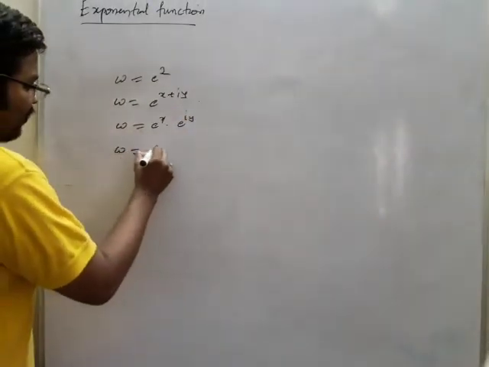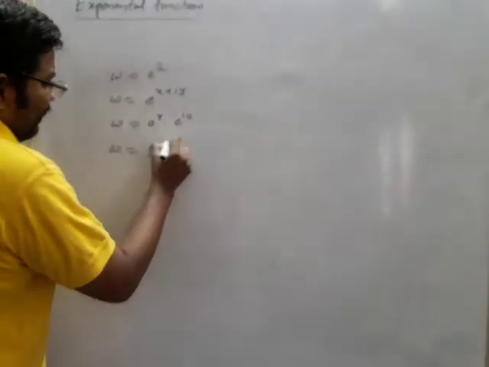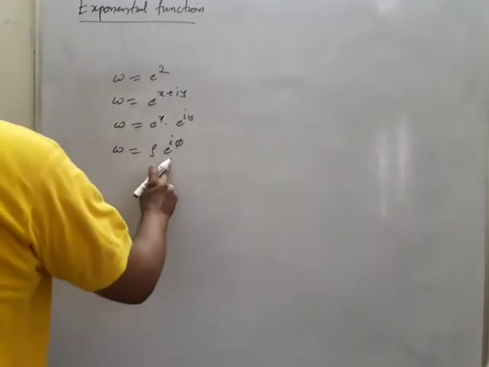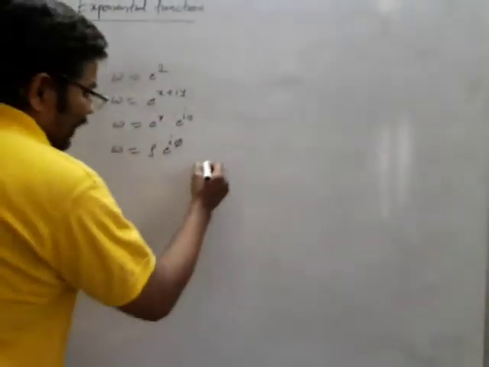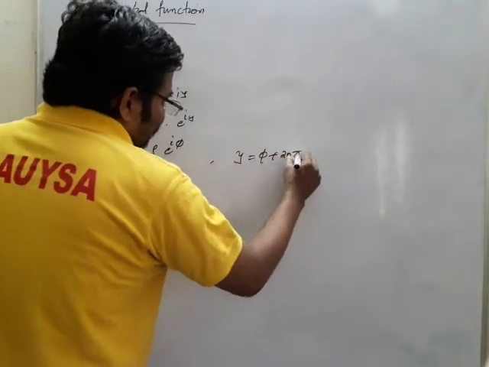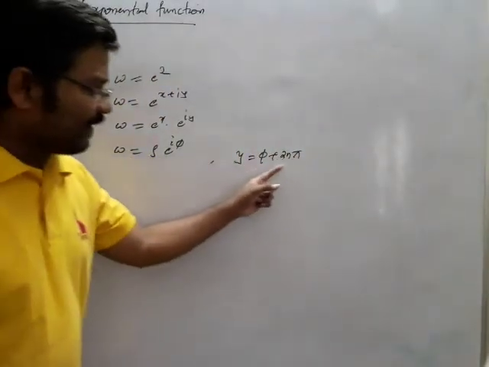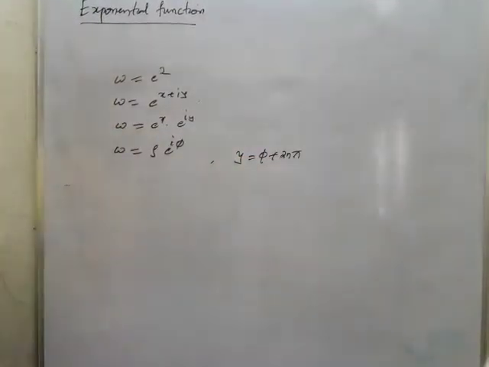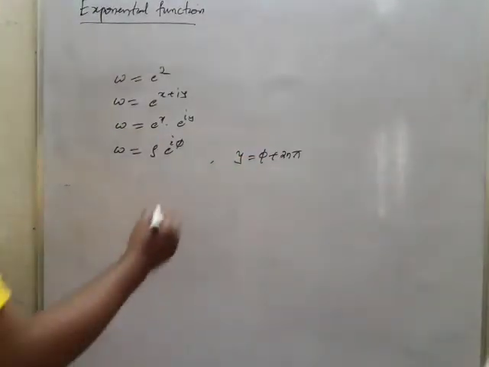So w = ρ e^(iφ). Now this is what we are finding out now. Where y is nothing but φ + 2nπ, and 2nπ is the angle which is making the argument. I can say the argument.